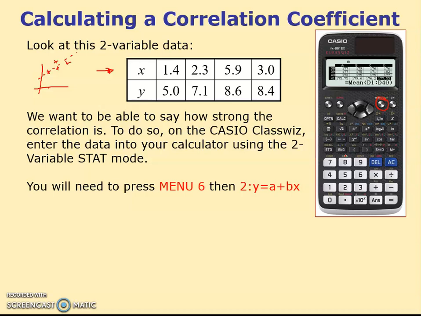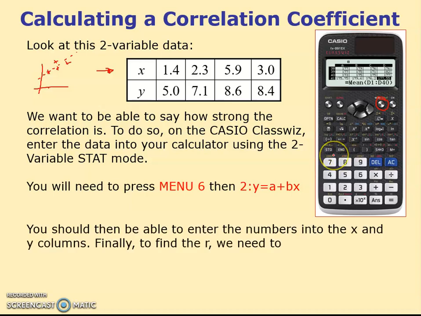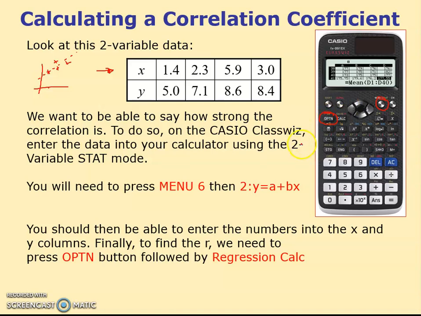Now, you'll notice what I have to do now is press this Option button again. So having done all this, it's the same as last time. Press Option. And now, this time, we press number 4, which is this regression calculation. And then it just gives you the value. And it's dead easy. Mine says R equals, it's actually the bottom of the three letters.